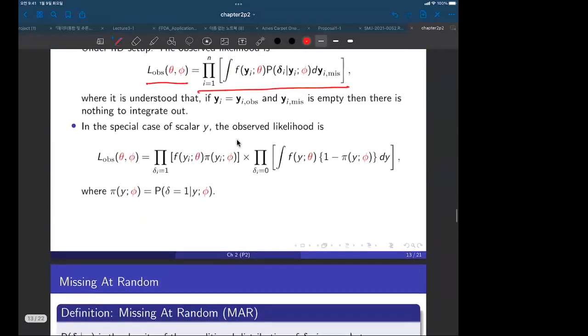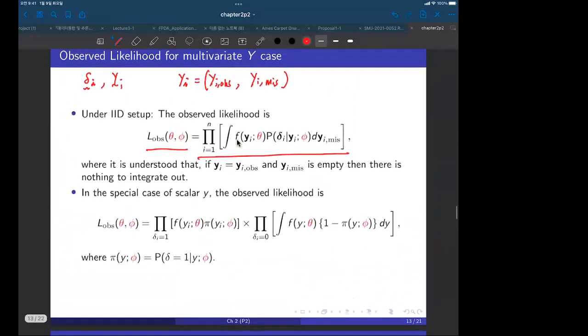Now, the problem with this observed likelihood is that you are interested in estimating zeta, your parameter of interest.